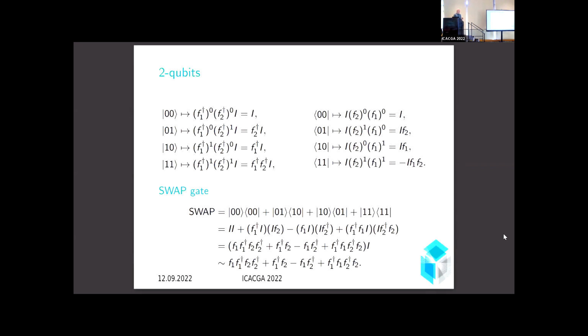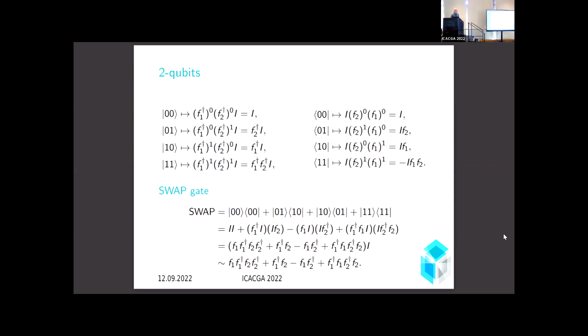For example, take 2-qubit states. If we have 2-qubit states, we have these 4 ket vectors, and we have these 4 bra vectors. Using this identity I have mentioned, this 0 is d0, this 0 is d0. For example, this 0 is this, and this one is this.